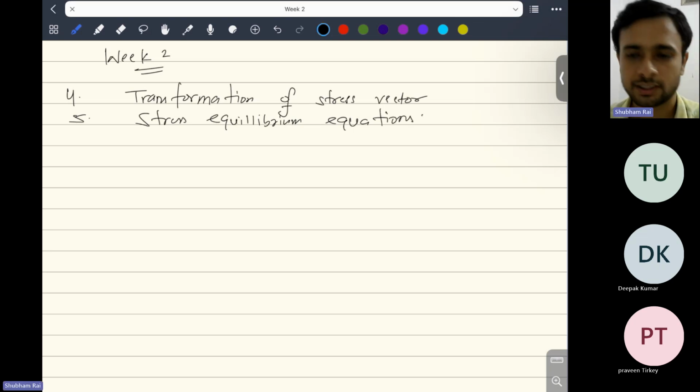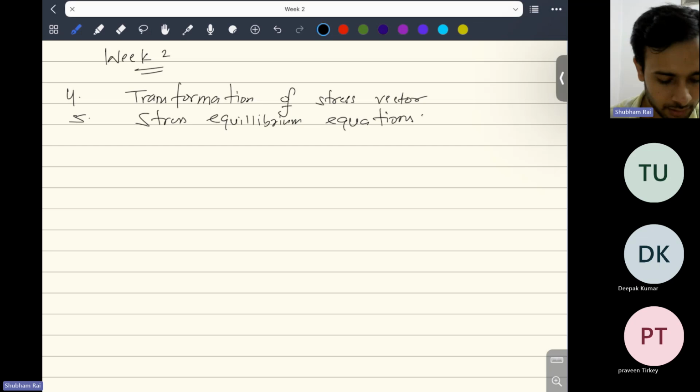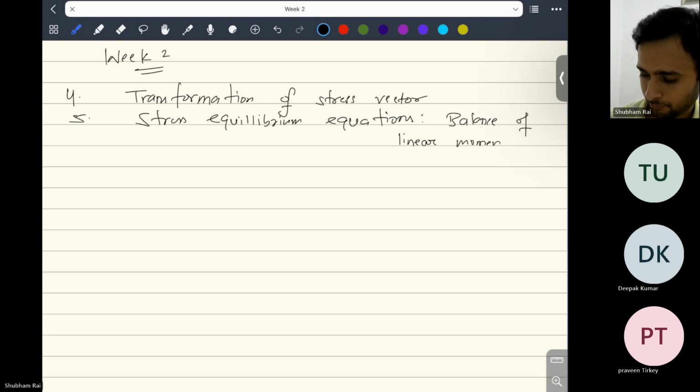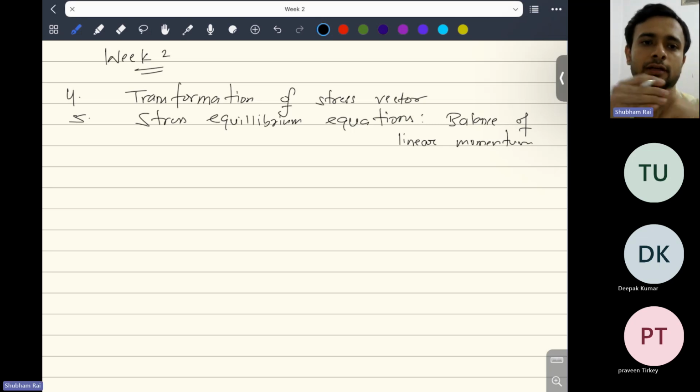And you obtain stress equilibrium equations by using the balance of linear momentum, right? So firstly, you would have learned about transformation of stress matrix.